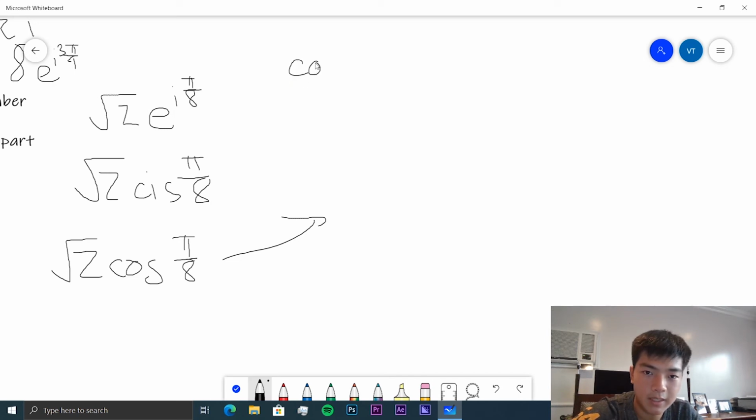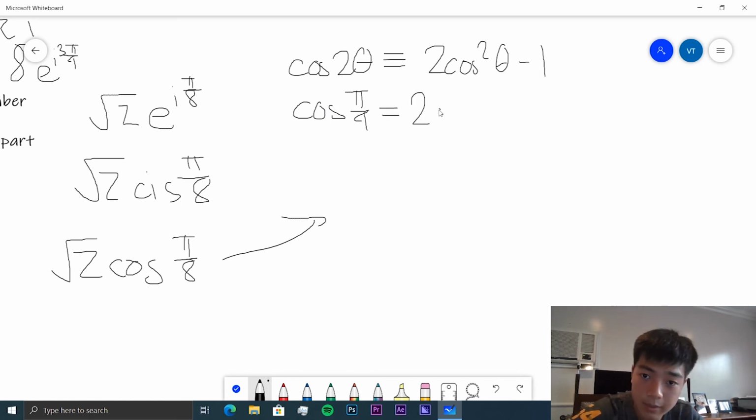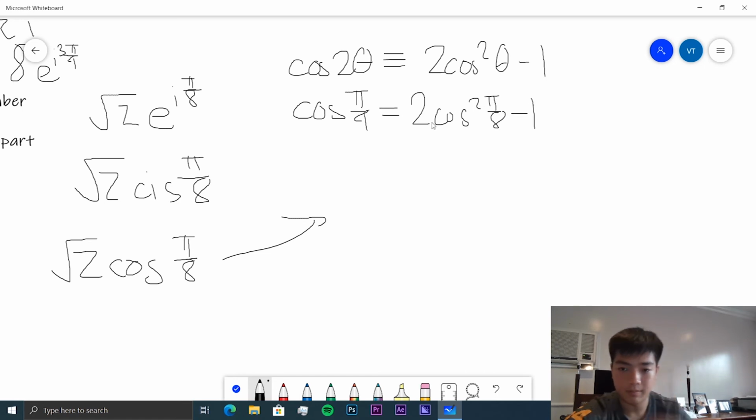So if we have cosine 2 theta is equal to 2 cosine squared theta minus 1. This is identity two. So we can say that cosine pi over 4 is equal to 2 cosine squared pi over 8 minus 1.